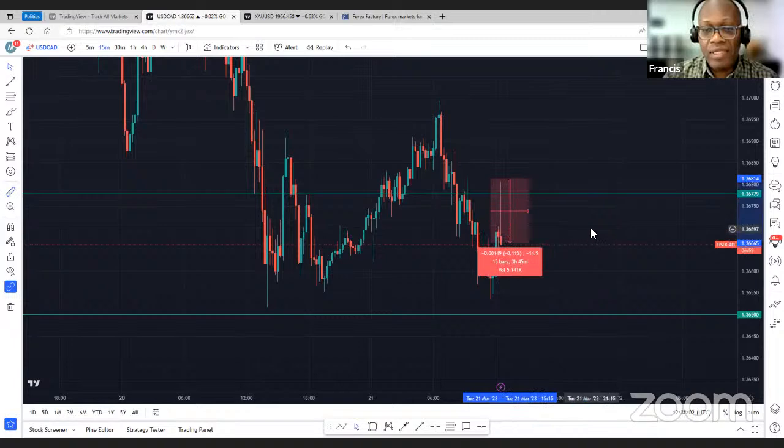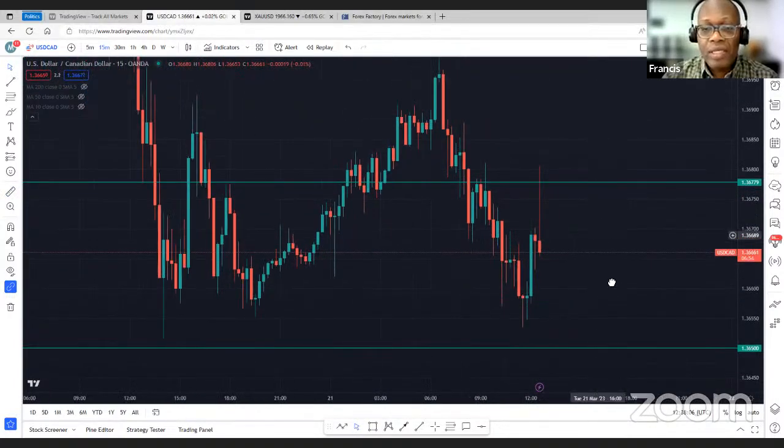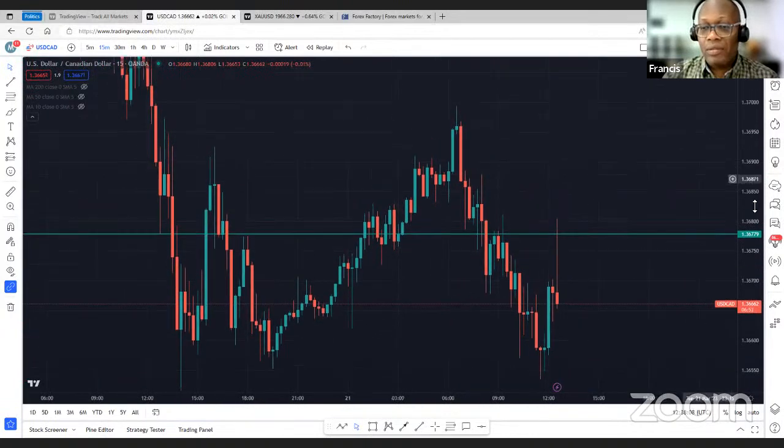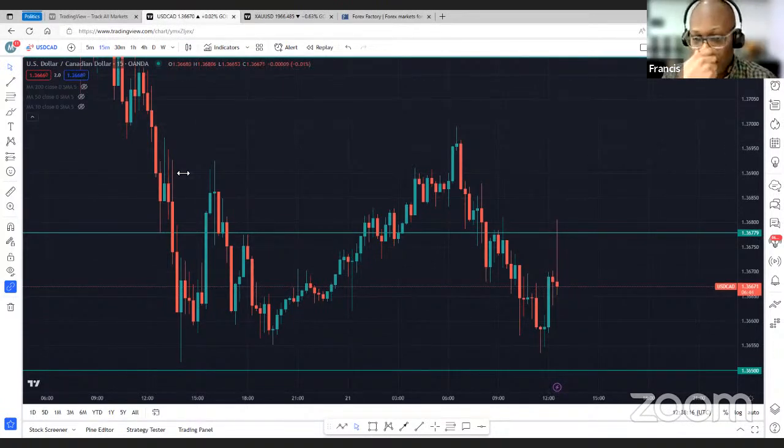Okay, not much really. It just looks like a big candle, but it's not really a big candle. So we're going to take our time and find the best setups as usual.